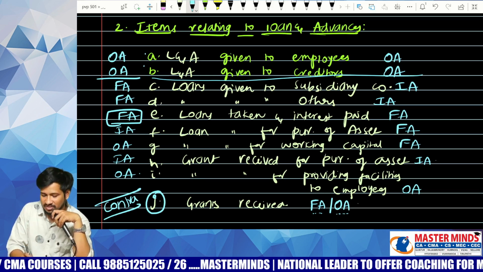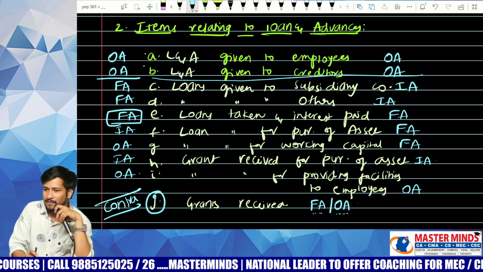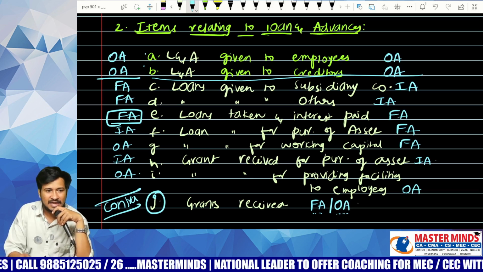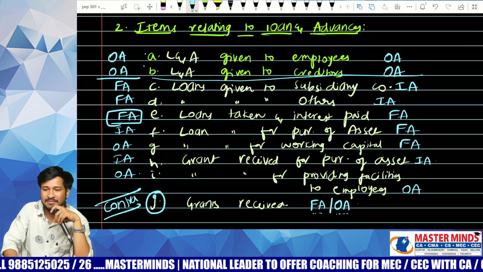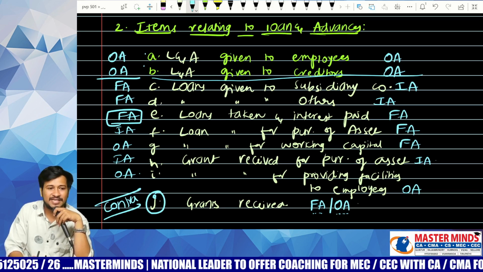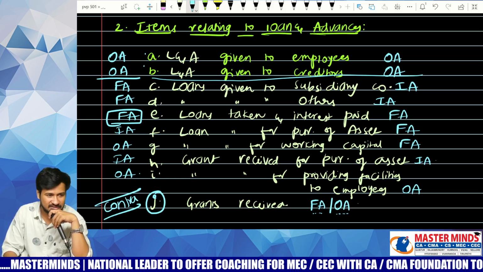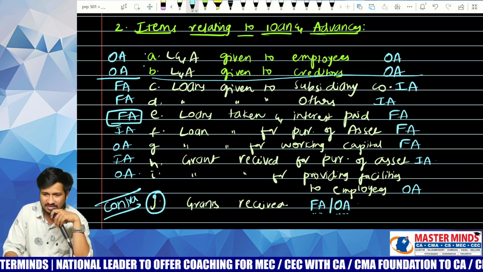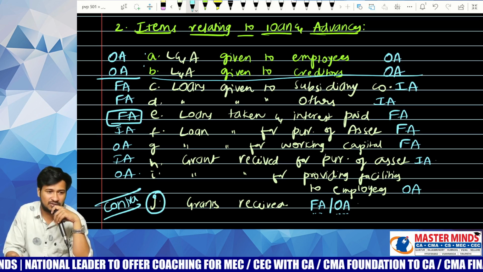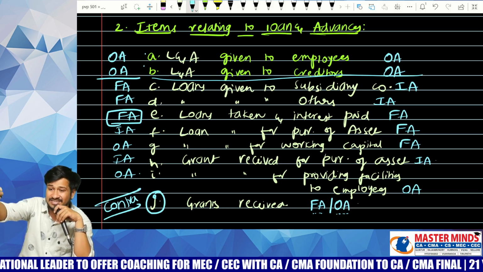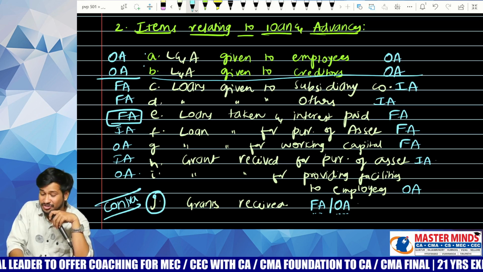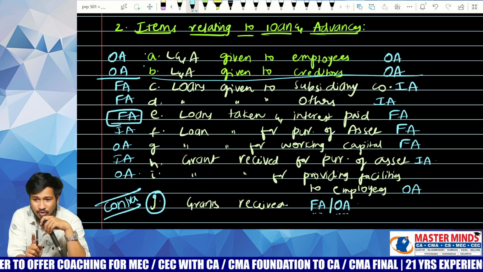Since no specificity is mentioned, and since grant is similar to loan, it can be treated as financing activity. But as per the other version, under residuary heads, it can also be treated as operating activity. I recommend you write like this, because at the end of the day, we don't know what would be the suggested answer given by ICAI, because this was not clarified in that notice.